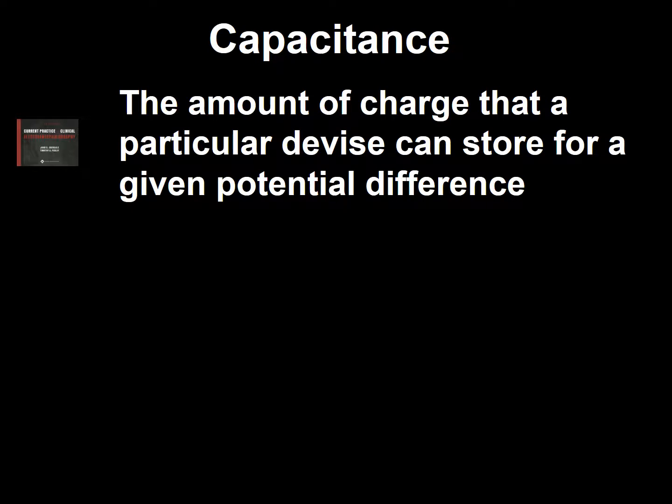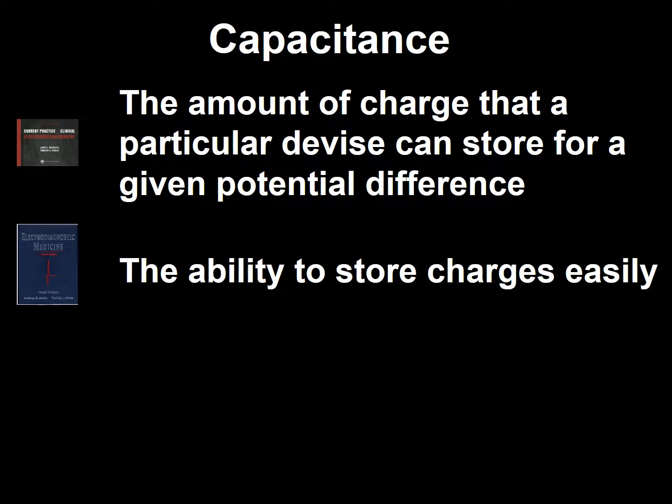Capacitance has been defined in different ways in different books. In Eversole, capacitance is defined as the amount of charges that a particular device can store for a given potential difference.